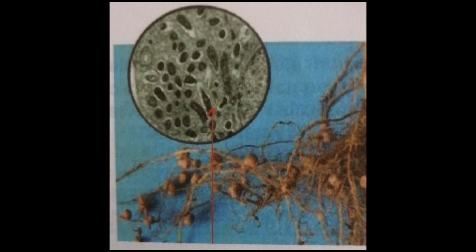And in the root nodules there are nitrogen bacteria, and these nitrogen bacteria take the nitrogen from the air and put it into the soil, and it's gonna help the plant take nitrogen. And the plant gives them some carbohydrates and minerals.